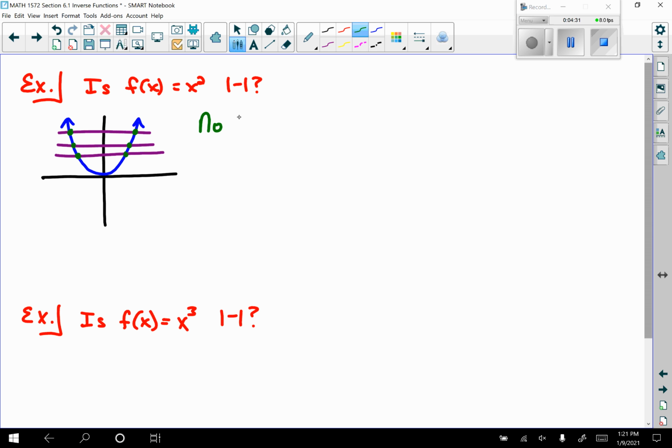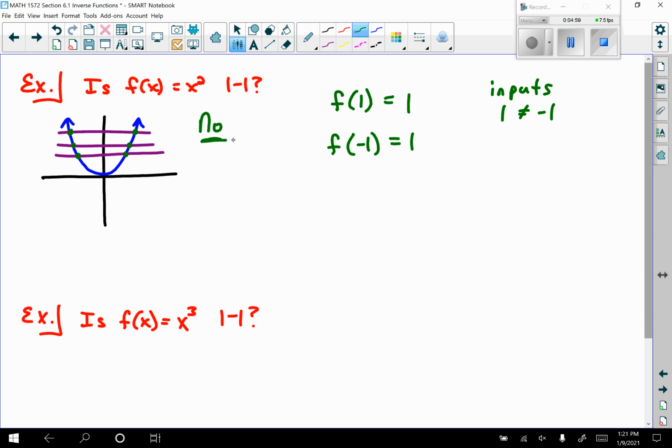And to go back to the very beginning, what we're looking at here, if let's say we would have f of 1, that would equal 1. And then even f of negative 1 would equal 1. So our outputs are the same. And remember, that means if our outputs are the same, then the inputs must have been the same. But the inputs were 1 and negative 1. And they are definitely not equal.